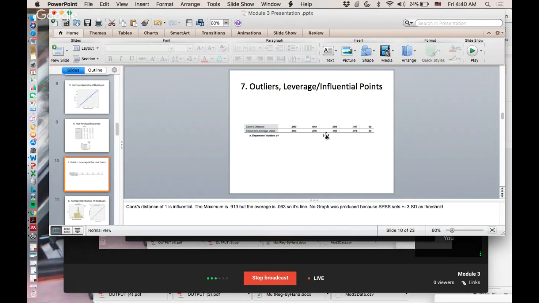But then when you look at the average, it's only 0.063. So I would say overall it's fine. No graph is provided because SPSS sets the threshold at plus or minus 3 standard deviations as far as residuals. So I didn't have anything to go on other than looking at that one high point compared to the average.